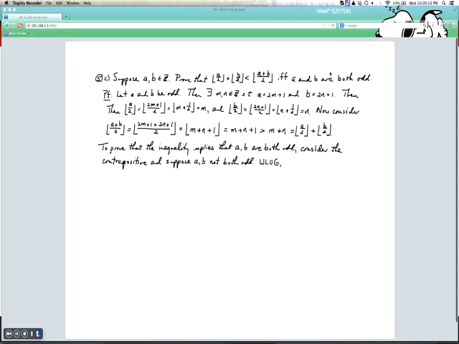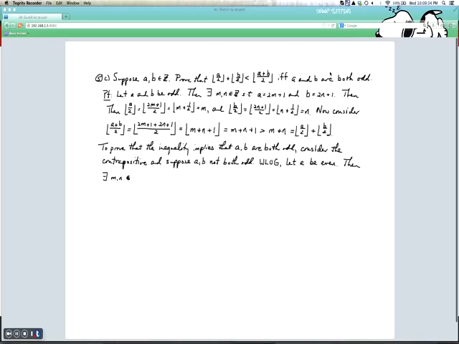So without loss of generality, that's something we say because I could pick A or B, and I'm not giving up anything. It doesn't have to be one or the other. Let's let A be even. Then let's go back and do our proof, but I'm going to define A a little differently.